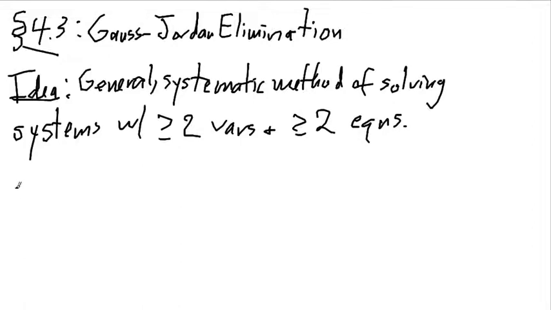Okay, but we're going to need to introduce an idea called reduced row echelon form or reduced form, and let me remind us what the different sorts of forms that we came up with when we were just dealing with two variables and two equations.